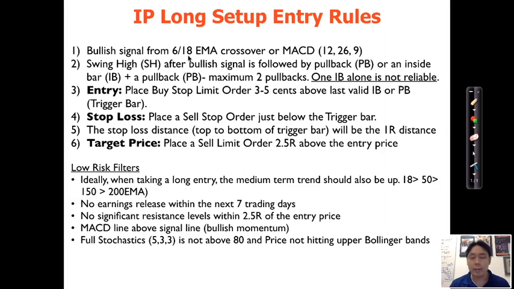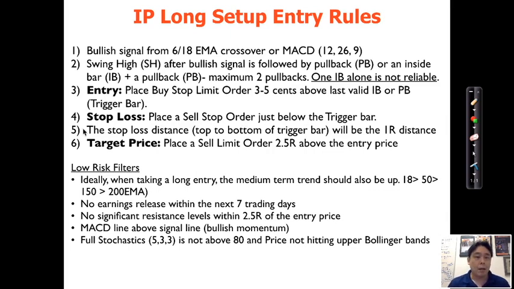Okay, so once you see that setup, you can enter. For the entry, we place a buy stop limit order 3 to 5 cents above the last valid inside bar or pullback candle, and that is known as the trigger candle. We then place a stop loss, which is a sell stop order just below that trigger bar, again 3 to 5 cents.